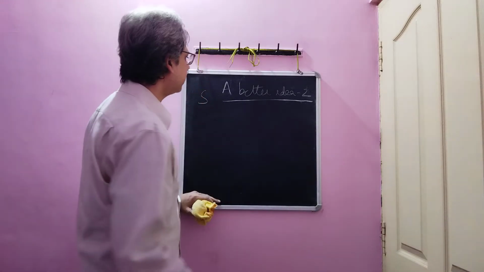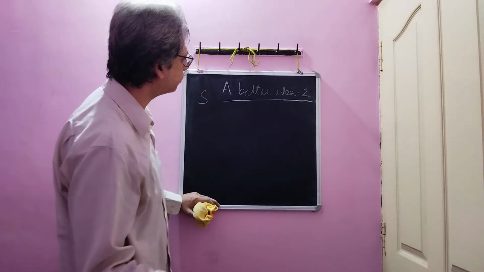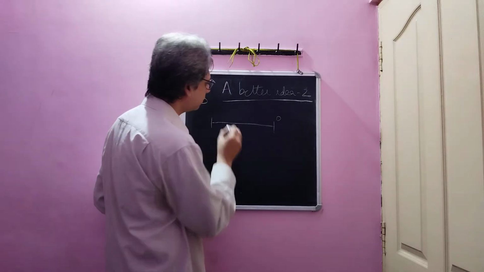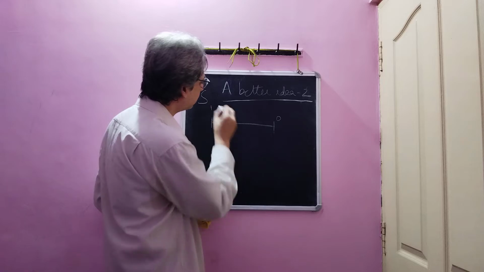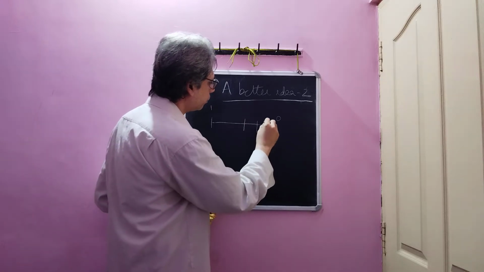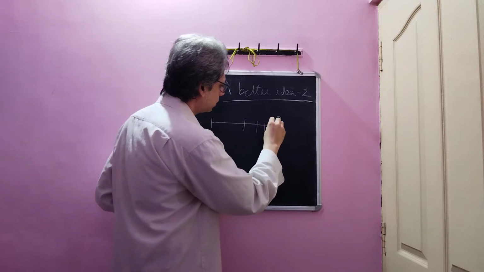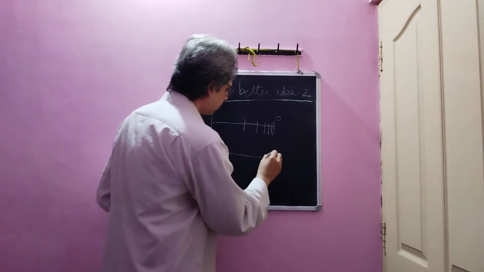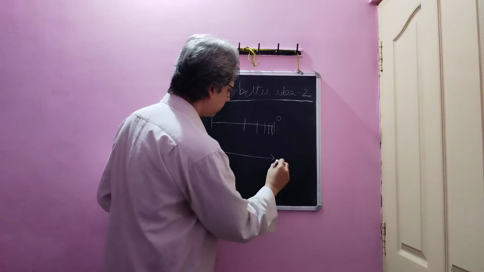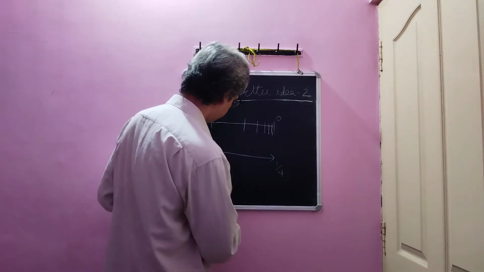The original idea was not actually a bad one, in view of the fact that successive halves add up to 1. Instead of taking the ratio between 0 and 1, we can take the ratio between, say, here would be half and here would be 1 by 4.